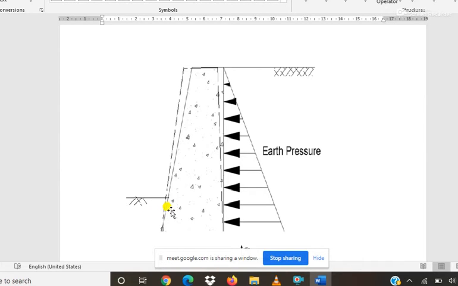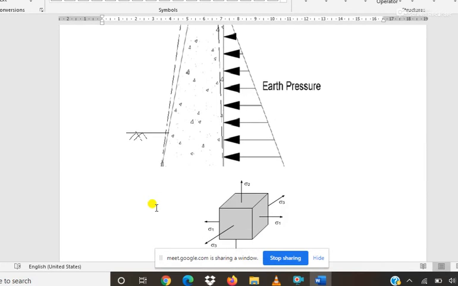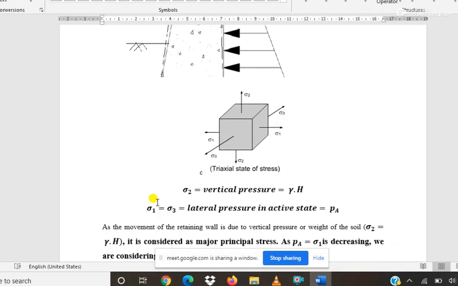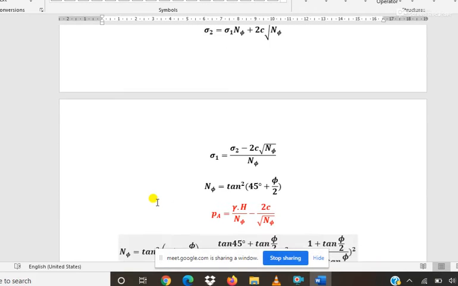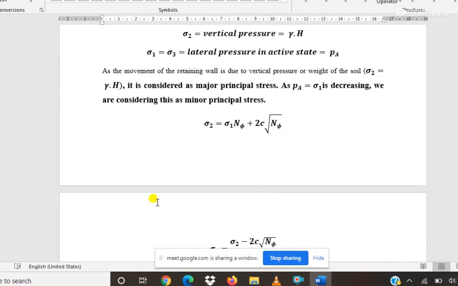And as this wall is moving towards this, by definition there will be a passive lateral earth pressure generated, and for this passive lateral earth pressure we have to derive the mathematical equation.